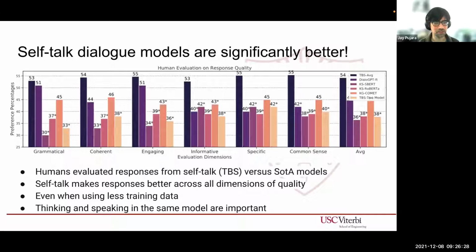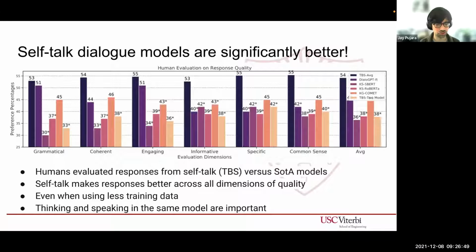But ultimately, when we look at the results, sort of astonishingly, this approach does really well. The dark purple bars are our system, think before speak. And you can see that it outperforms all of the other dialogue models that are not using this, even ones that retrieve knowledge from something like Comet or ConceptNet.